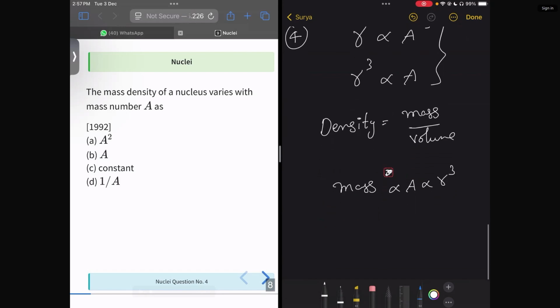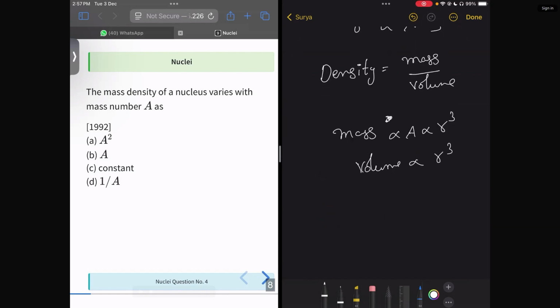And we know the volume is also proportional to R cube. So in the ratio, R cube by R cube gets cancelled and we get mass by volume as a constant. It won't depend upon R. The mass density of the nucleus does not vary with the mass number A. It is a constant. It won't be affected.